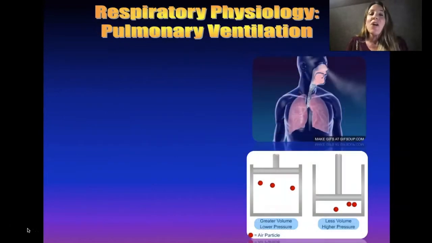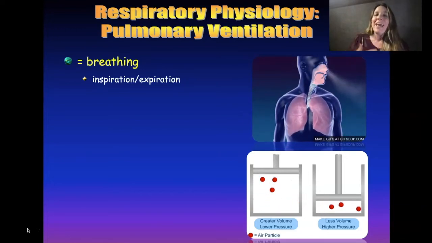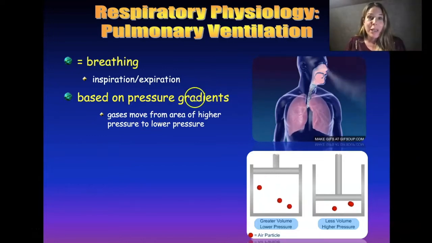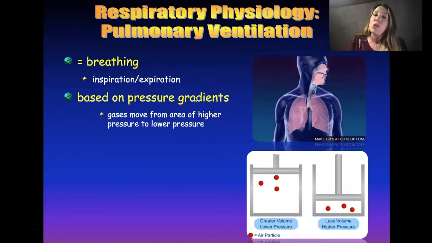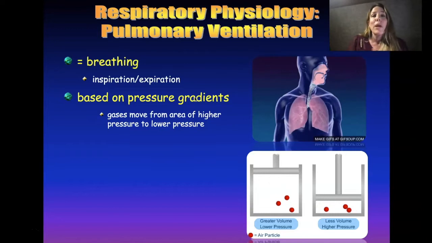So let's start off by talking about pulmonary ventilation. Again, this is the same thing as saying breathing, inspiration and expiration. And it's going to be based primarily on pressure gradients. So you might remember the term gradients all the way back from earlier units. Remember, a gradient is just where something has a different value on one side of a membrane than on the other.